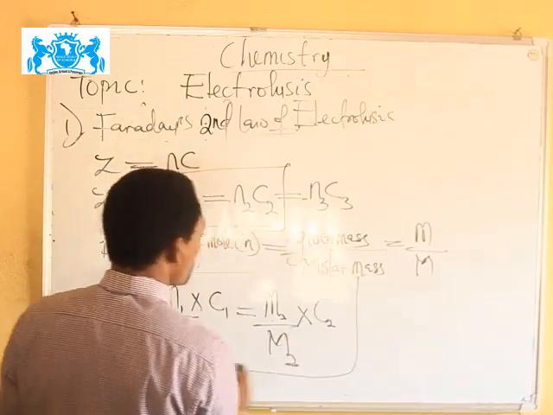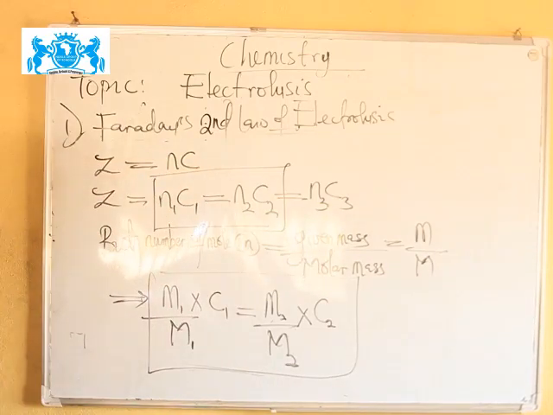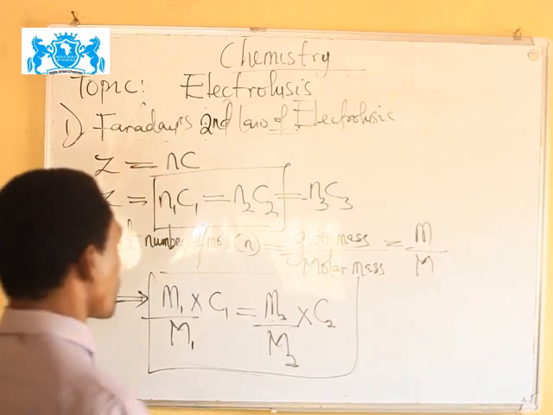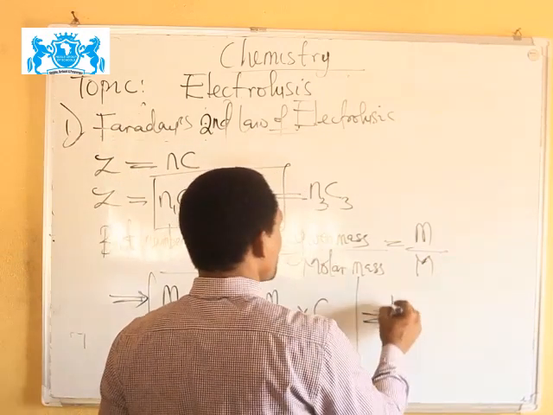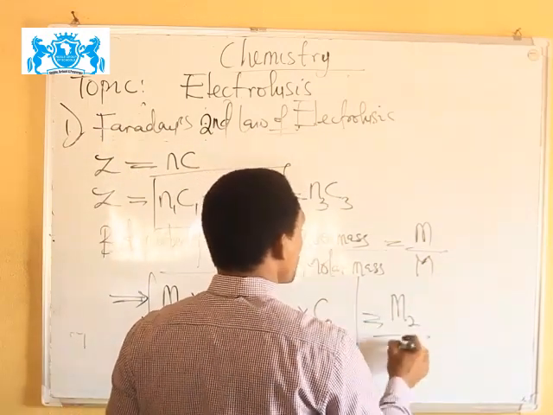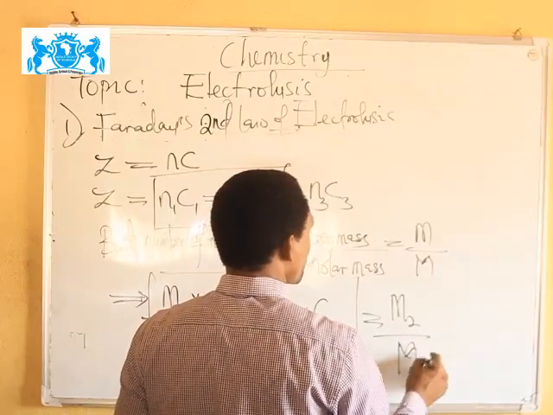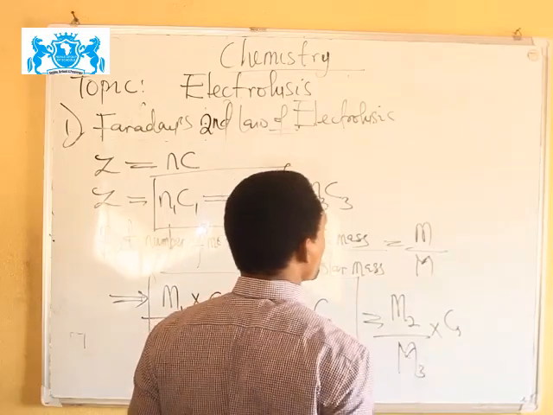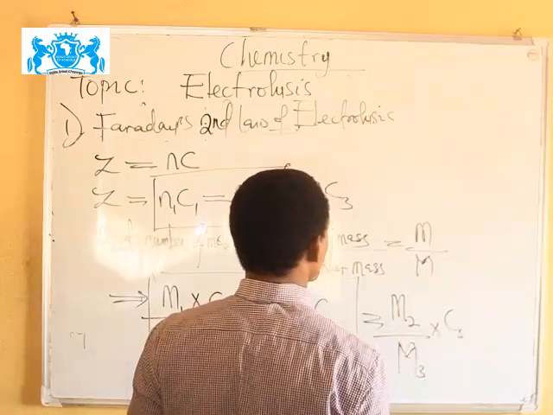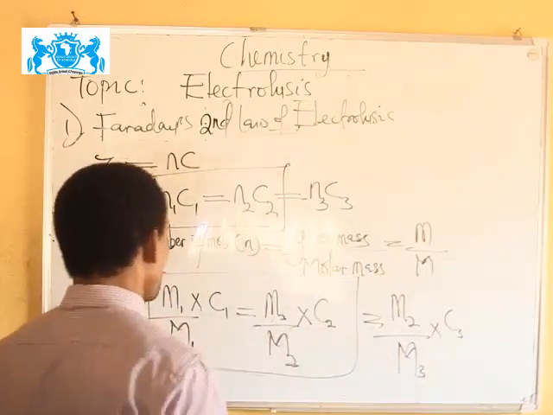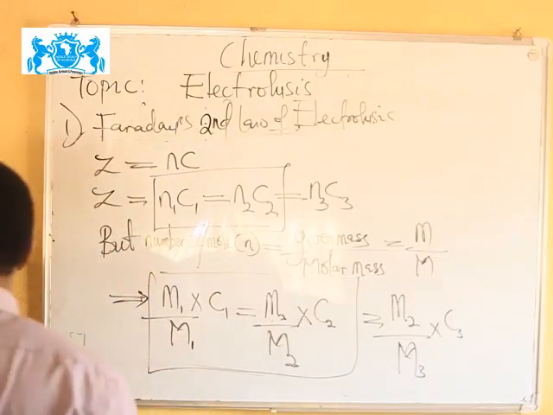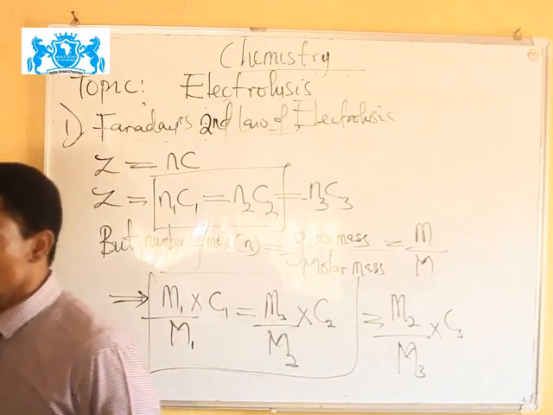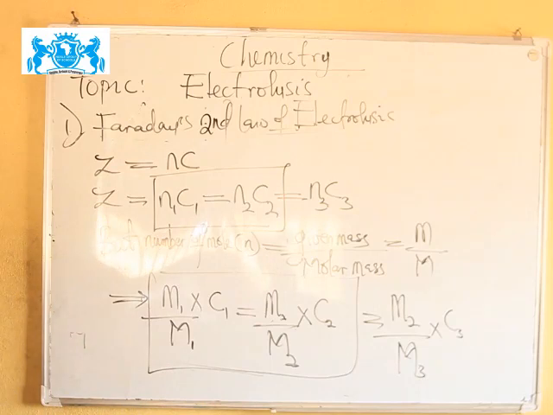So this can be modified in this form. We can still compare it to m3 all over the molar mass of m3 times its charge C3. Okay, now let's see typical questions that pertain to Faraday's second law.